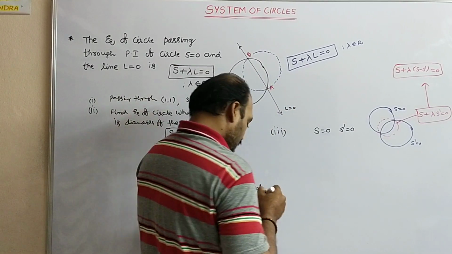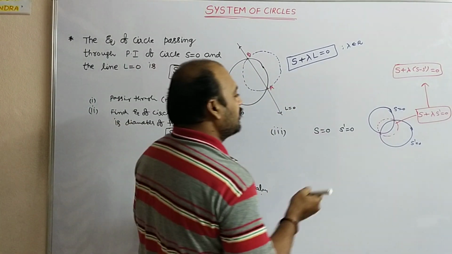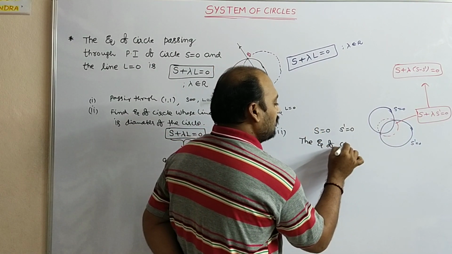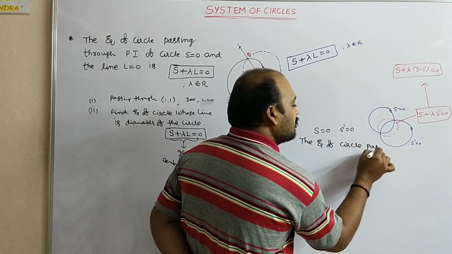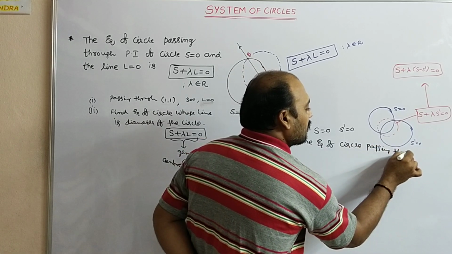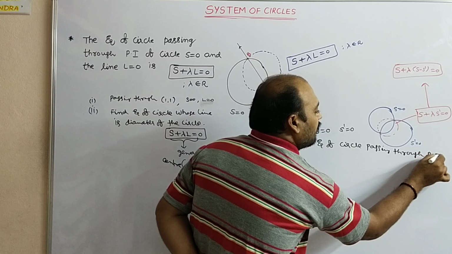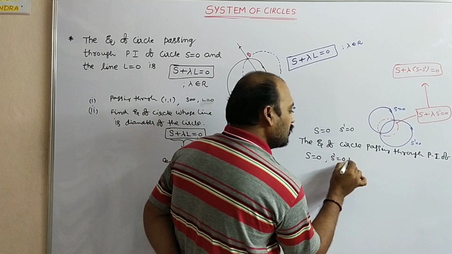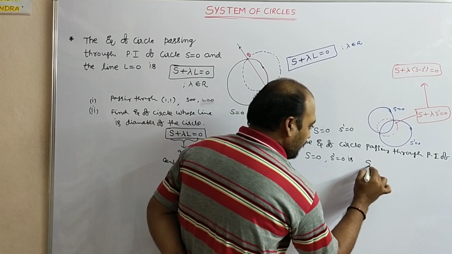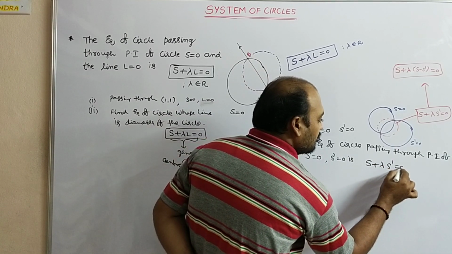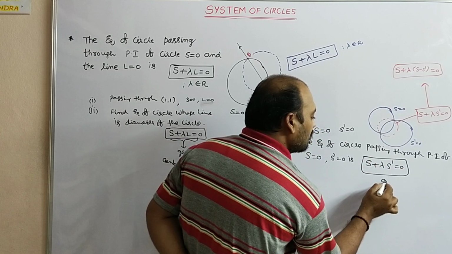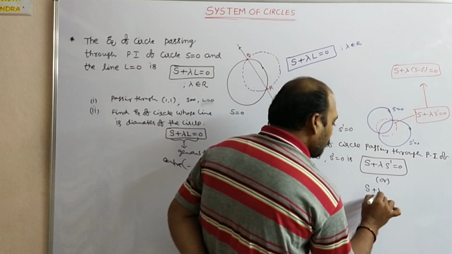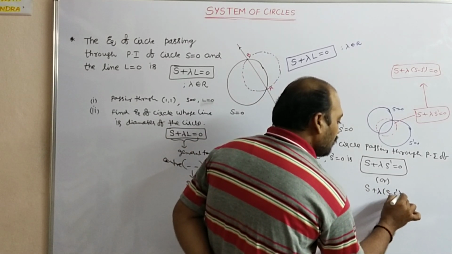So here the formula: the equation of circle passing through the point of intersection of S is equal to 0, S dash equal to 0 is S plus lambda S dash equal to 0, or we can write like this also, S plus lambda into (S minus S dash) equal to 0.